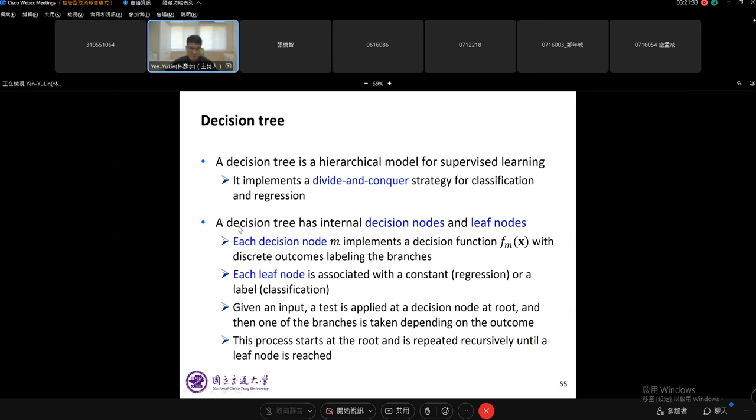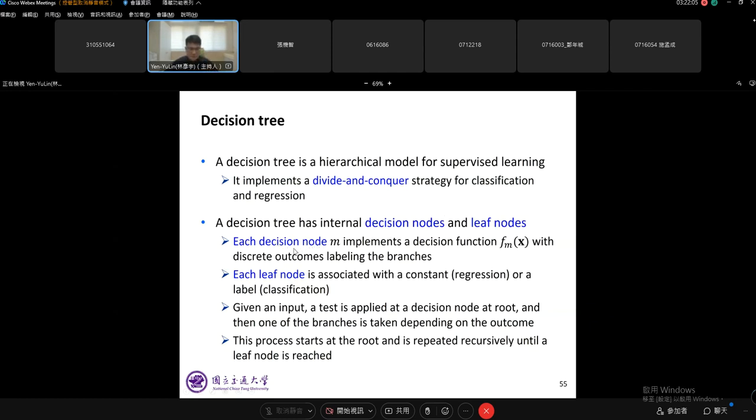Since a decision tree is a tree, it is composed of several nodes and edges. For nodes, there are two types of node in the decision tree, including the internal decision node and the leaf node. Let's look at the definition of the two types of node.